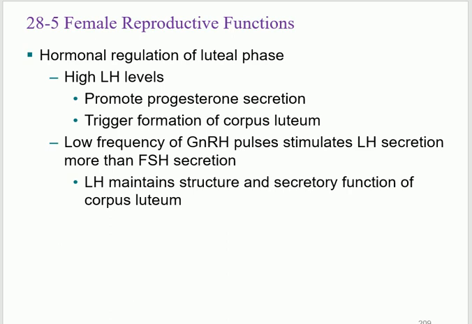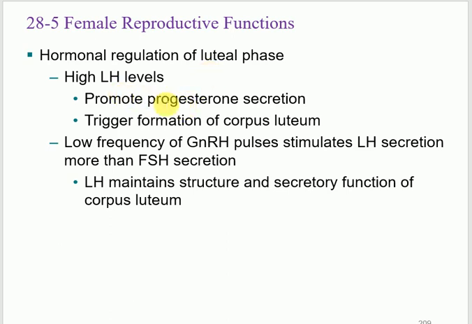Now, after day 14, this is a second phase. For the ovaries, it's the luteal phase. Remember, LH should increase, leading to ovulation. And then the corpus luteum is now there, stimulated by LH.